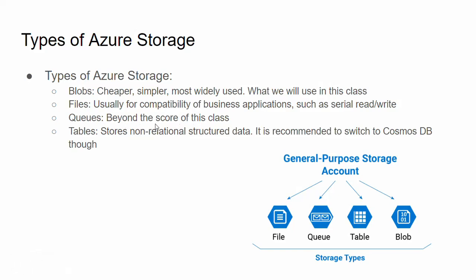This is beyond the scope of this class, and also beyond the scope is table. Table storage lets you store non-relational structured data. But I think recently Microsoft is trying to phase that out and asking you to switch to Cosmos DB, though. So we are not going to talk about this.